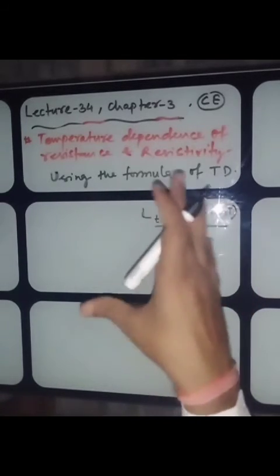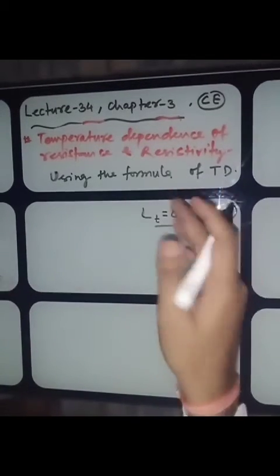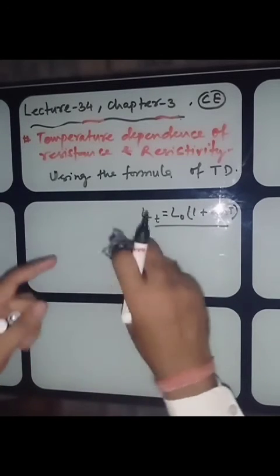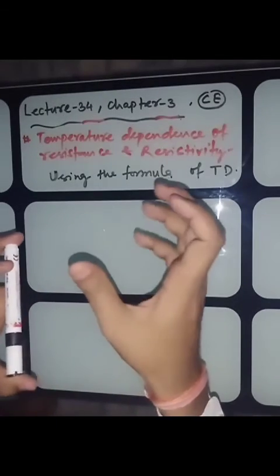If you change the temperature, then the length would change on the basis of this. Using this formula we are writing directly, because current and heat we have studied already in standard 11th, and both follow the same nature.